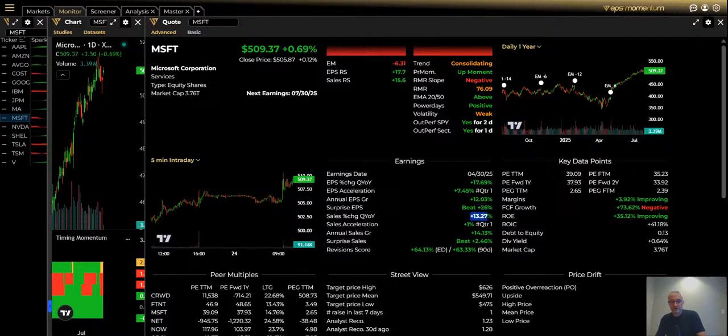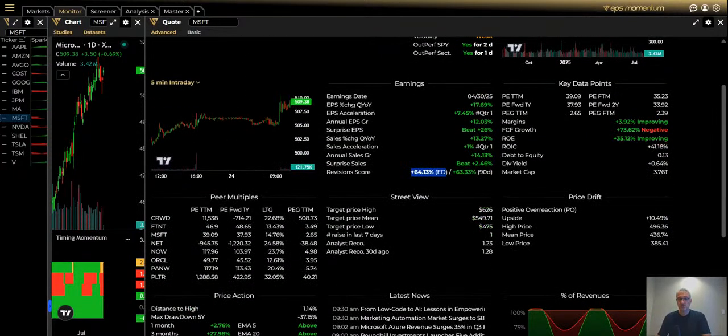Same for sales: 1% sales acceleration, and it beat by 2.46%. The revision score, which is our revision estimate score, is 64% since the earnings day, which is pretty amazing. That means that all the analysts have revised up their estimates very significantly since it published its earnings. So it's pretty impressive.